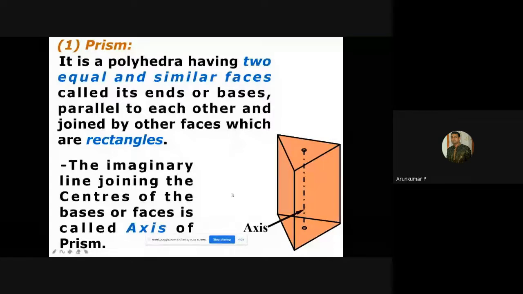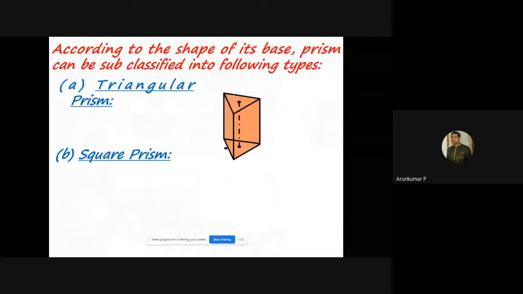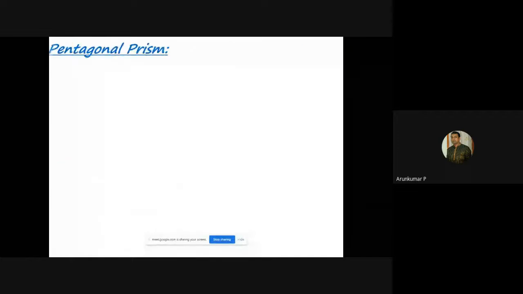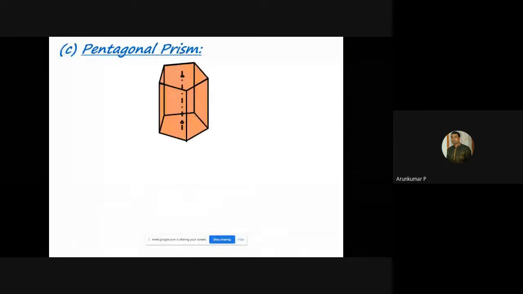The axis is the imaginary line that joins the center of the top face to the center of the base. This is about prisms. You can see here the faces, the top face and the base. This is the axis. This is the edge, the longer edge you can say. And these are the different prisms: triangular prism, square prism. In the square prism, you can see the top face is a square, the base is also a square. Similarly, in the pentagonal prism, the top face is a pentagon, the base is also a pentagon.